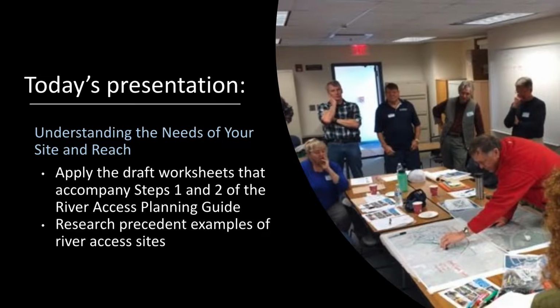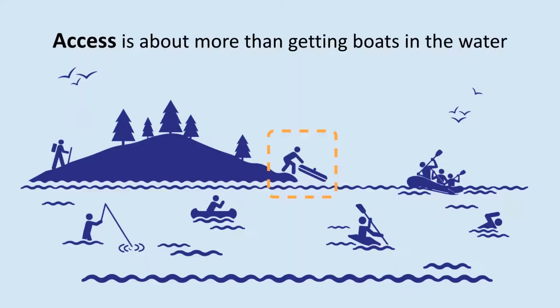The worksheets are also linked in the handouts that accompany the planning guide. Then Doug's going to show us some information from the database he worked on, which is a great tool for looking at precedent examples and facilitating the brainstorming process.